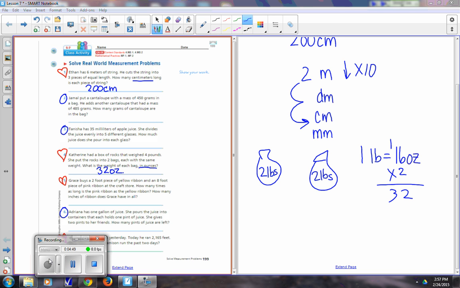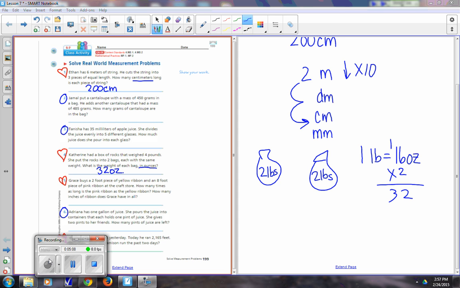So number 5. Grace buys a 2-foot piece of pink ribbon and an 8-foot piece of yellow ribbon at the craft store. How many times as long is the yellow ribbon as the pink ribbon?